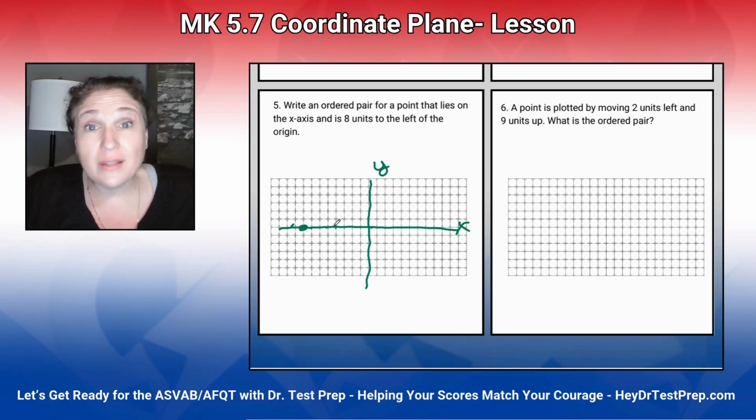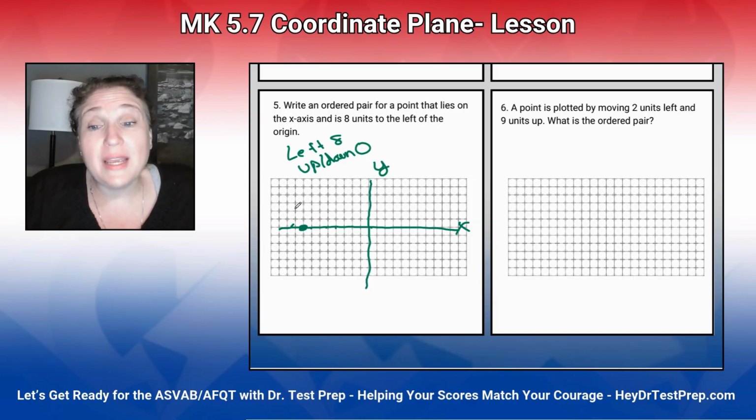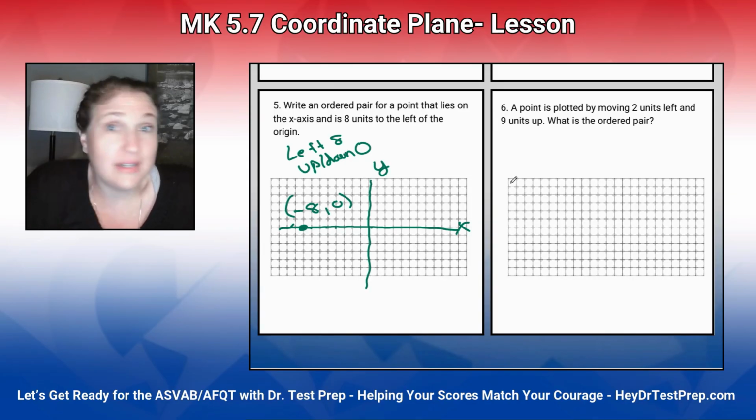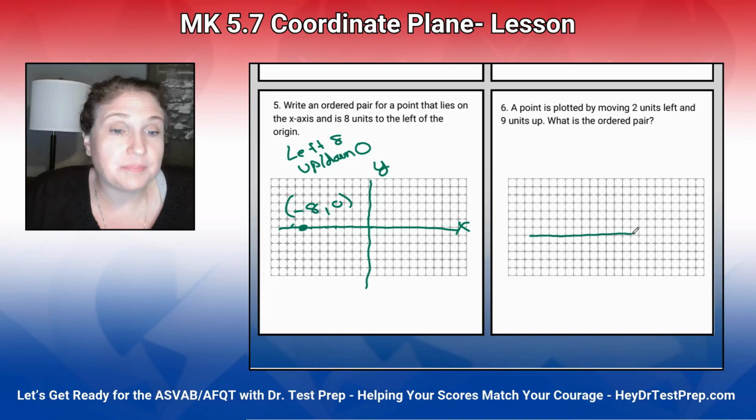So the only thing that happened is I went left 8. I didn't go up or down. So left 8 tells me negative 8. And since I didn't go up and down, it's 0. You just only move.